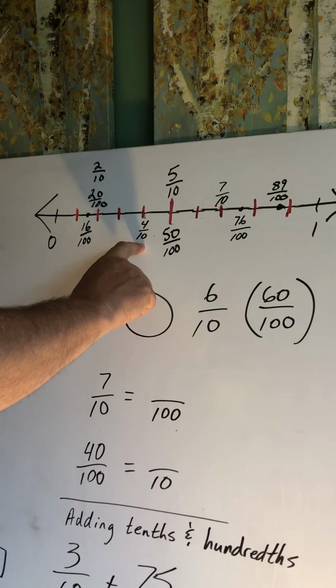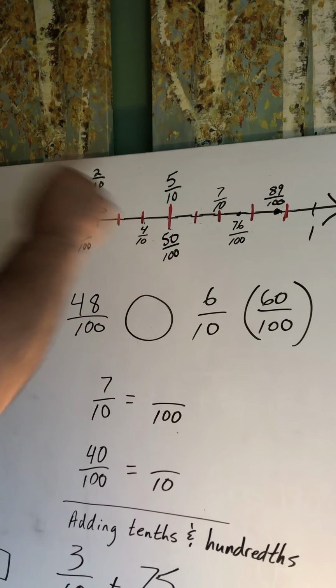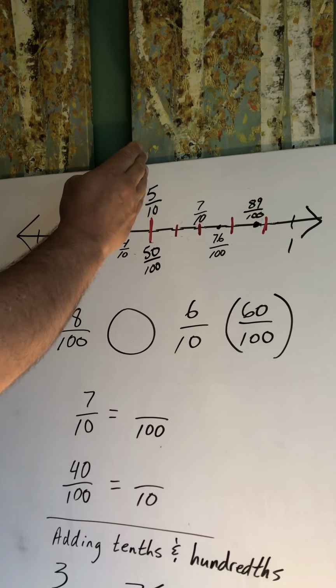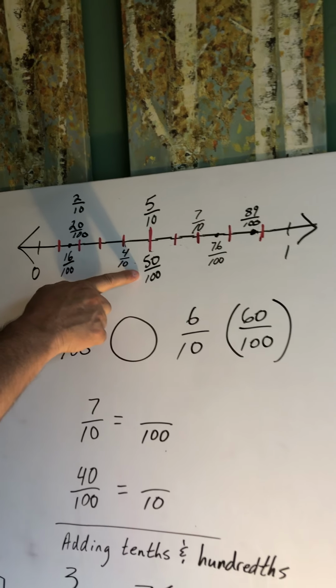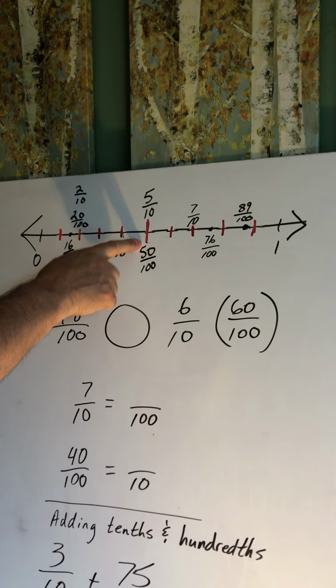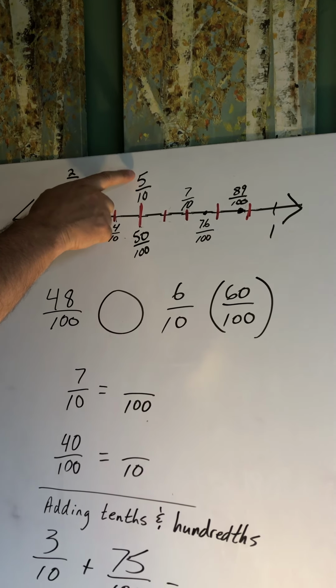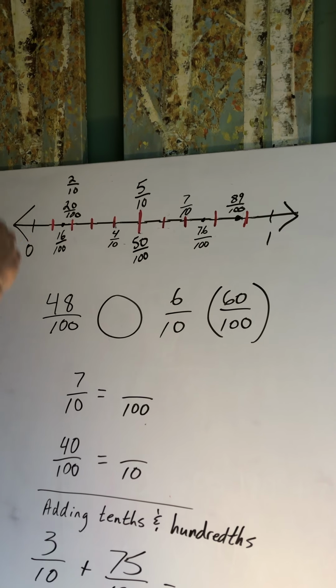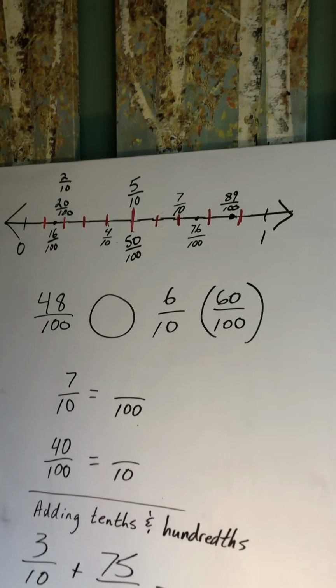And yes, some of you are saying it right now, that's 40 hundredths. You are correct. And then we got halfway. Halfway to 100 is 50, so this is 50 hundredths, but it's also halfway to 10, which is 5 tenths. This is the halfway mark between 0 and 1.